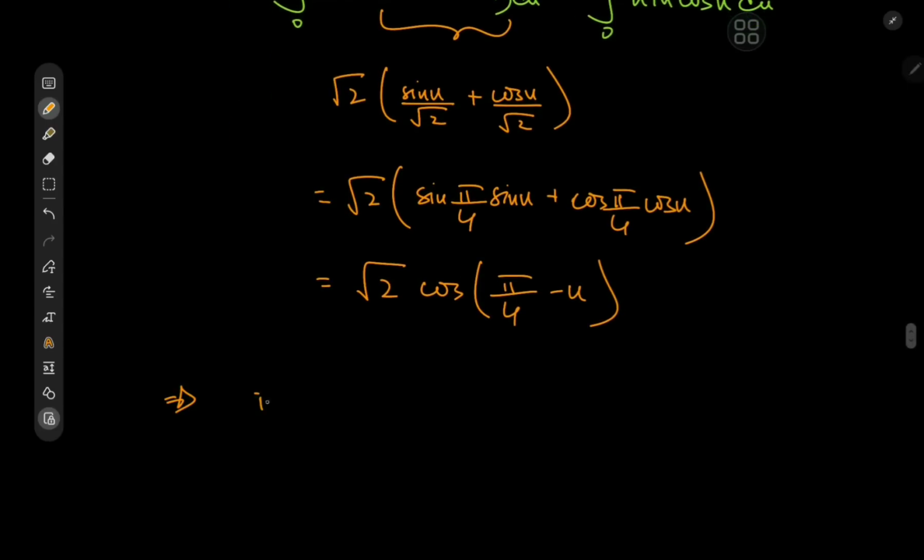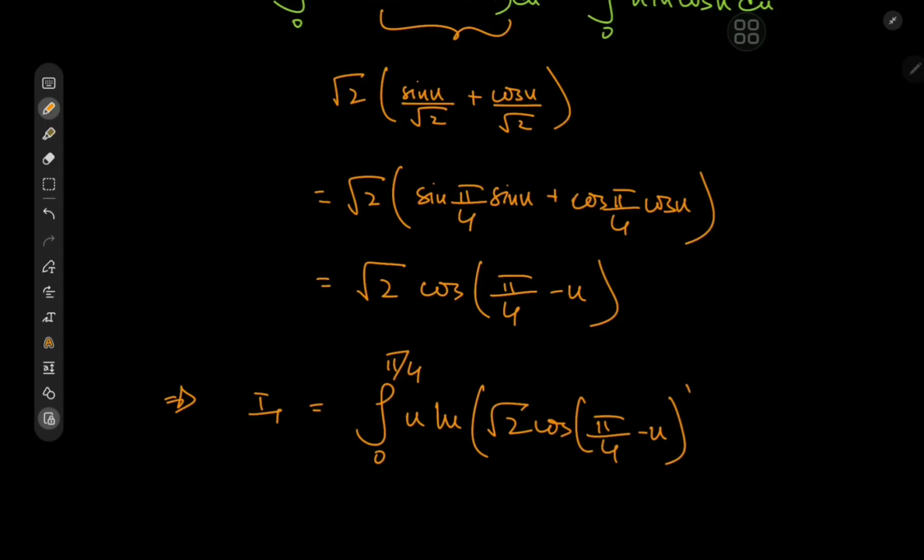And this implies that the integral I sub 1 equals integral 0 to pi by 4 u times log of root 2 times cosine of pi by 4 minus u, minus the integral from 0 to pi by 4 of u times log cosine u.